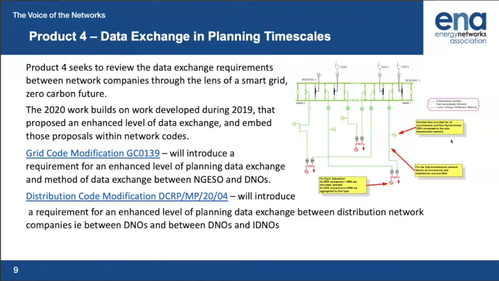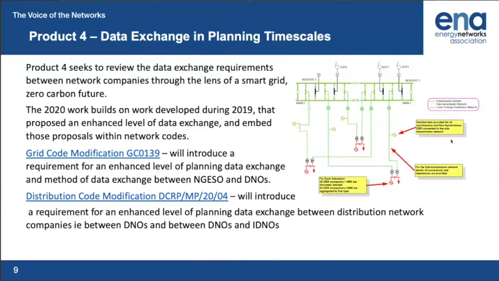So the 2020 work for this product is really building and carrying forward the work of 2019. What they did in 2019 was to provide a report that said, this is the enhanced requirement for data exchange, both on distribution companies and on transmission companies.